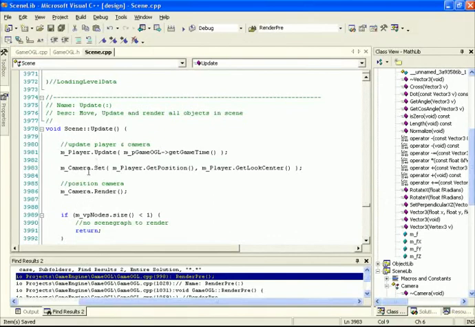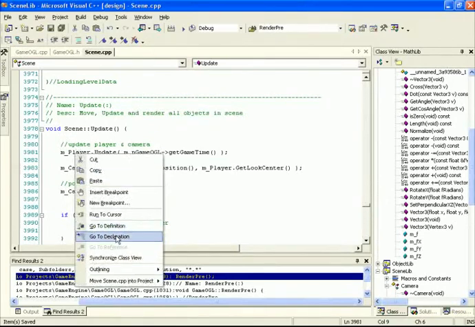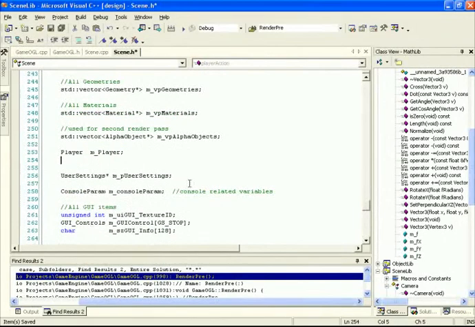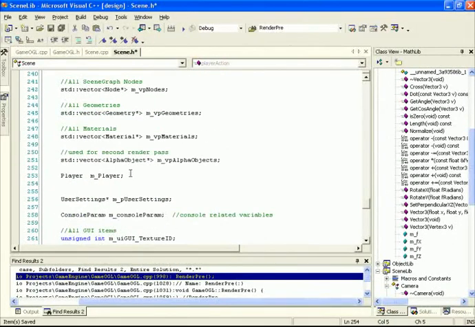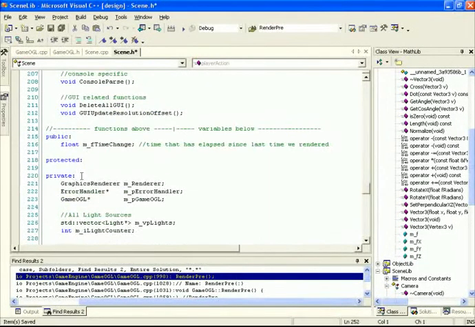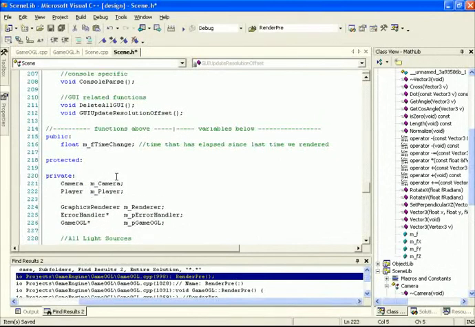Now let's go into our scene.cpp and add these other classes that we need in here now. Just so that things don't get lost, what I'm going to do is take this guy and move him to the very top because he's kind of the most important thing inside of our game. So here we have our camera and we also have our player.